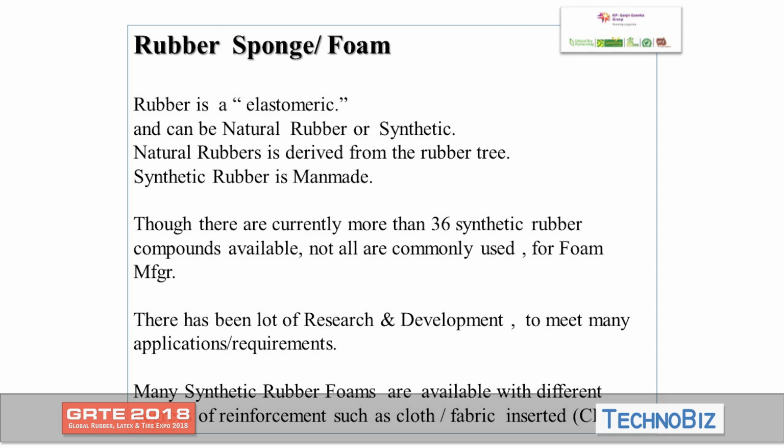We all know rubber is elastic, and there are various kinds of rubbers which can be used, like natural rubber or many kinds of synthetic rubber. A few to mention are nitrile foam, SBR foam, neoprene, EPDM.